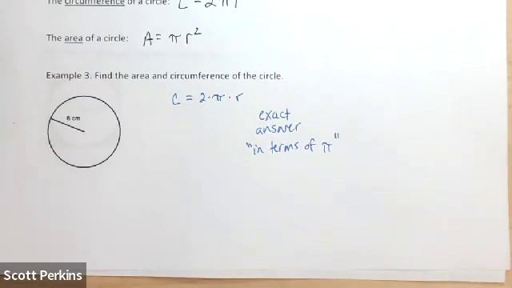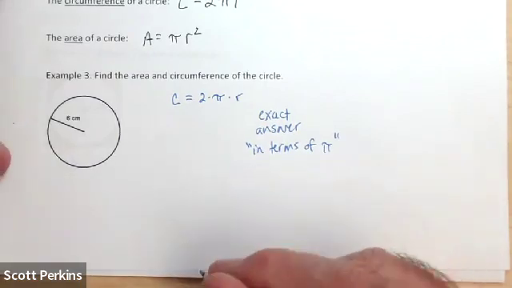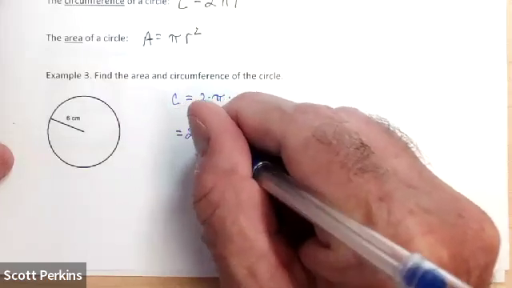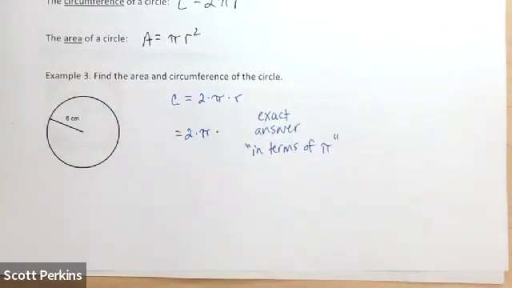Actually, this simplifies your job. To write the exact answer is less to have to write down. So when I go to do the exact answer, I'm going to say 2 times pi, and then what is the value of the radius of this circle that we're looking at here in this problem?